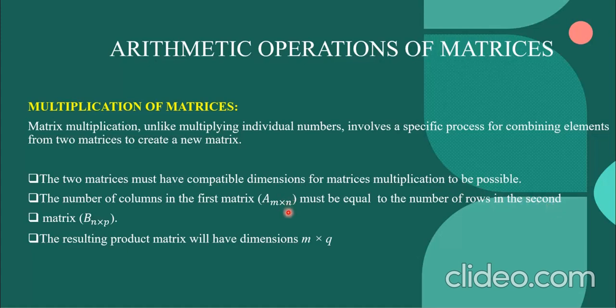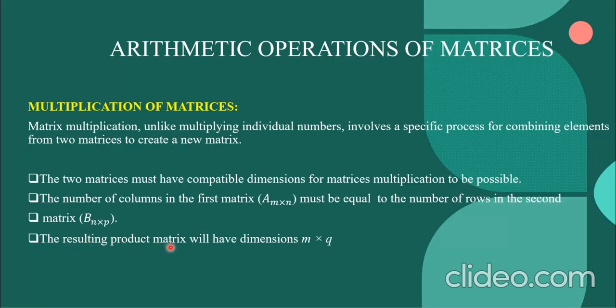This must be equal to the number of rows in the second matrix. So if here is 3, this side must also be 3. If here is 4, this side must also be 4, before the two matrices can be multiplied.